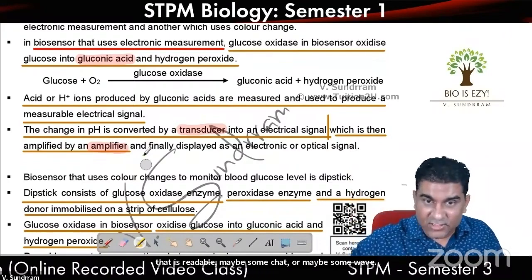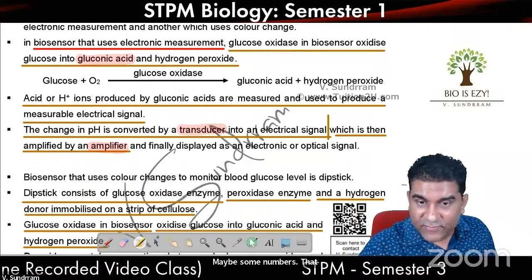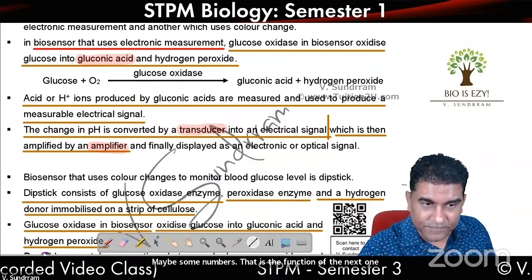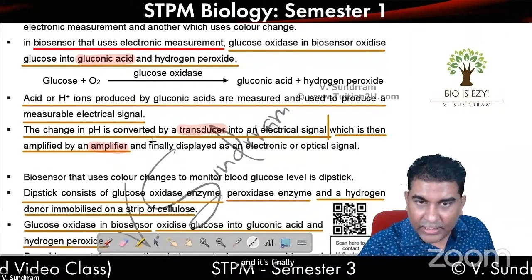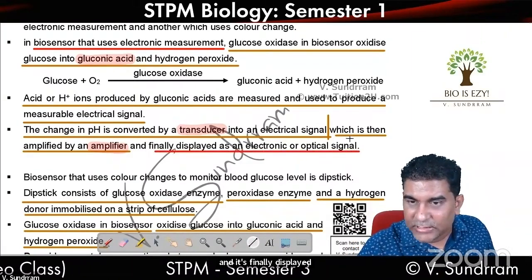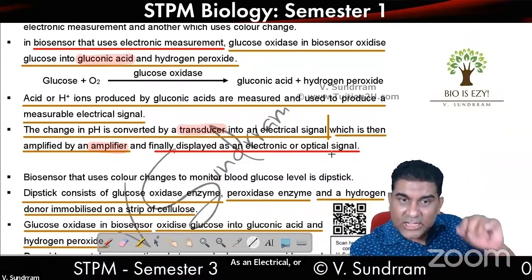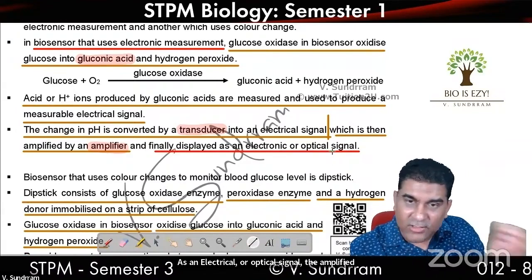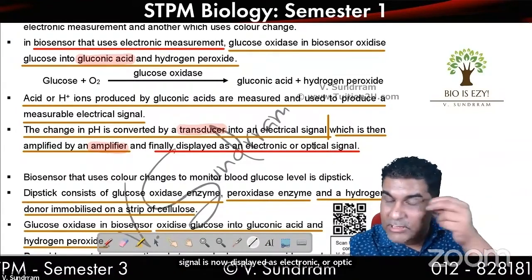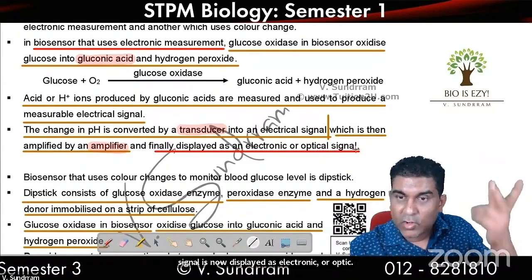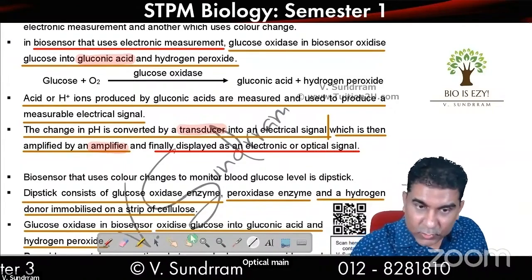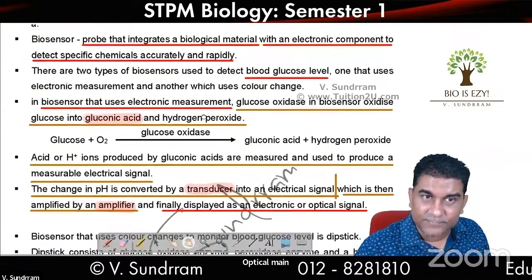That is the function of the next one. And it is finally displayed as an electrical or optical signal. The amplified signal is now displayed as an electronic or optical signal. Optical means something you can see. You write back the same thing.